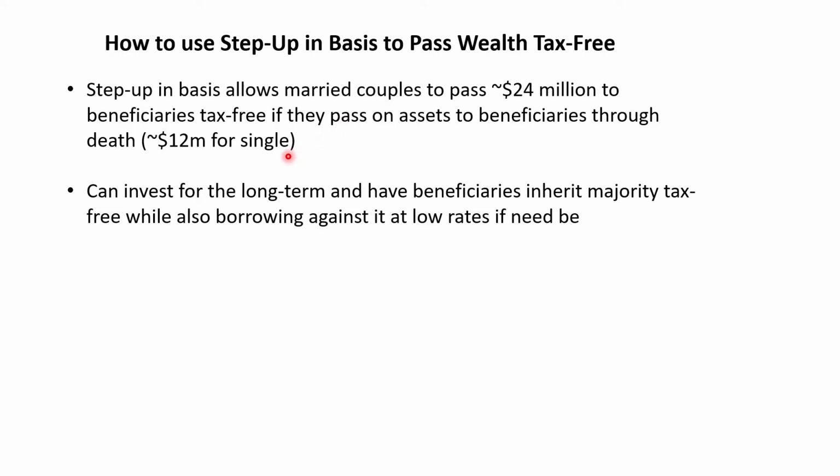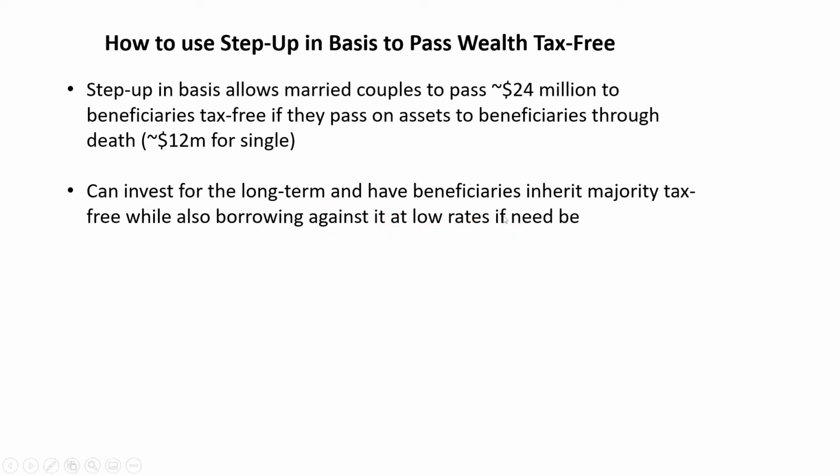The benefit of utilizing both step up in basis as well as borrowing against your portfolio is that it allows individuals or married couples to invest for the long term and have beneficiaries inherit the majority of the gains tax-free, while also allowing the retirement couple to borrow against it at low rates if they need it.